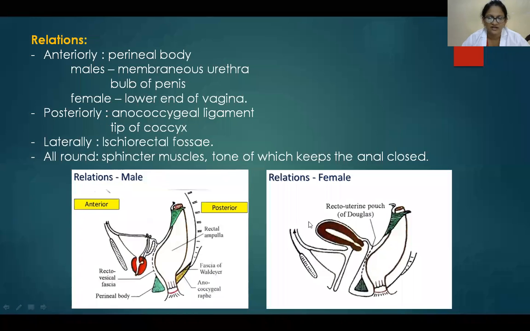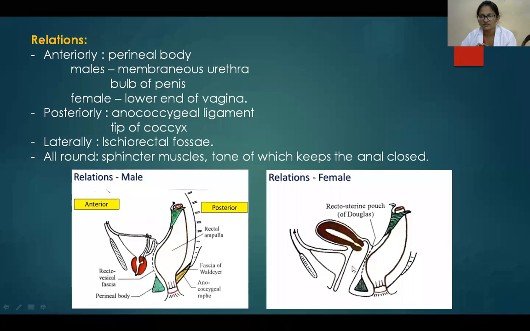Laterally, it is related to the ischiorectal fossa. On either side of the anal canal, you are going to see an ischiorectal fossa. Around that, you are going to see the sphincter muscles, whose tone keeps the anus closed.